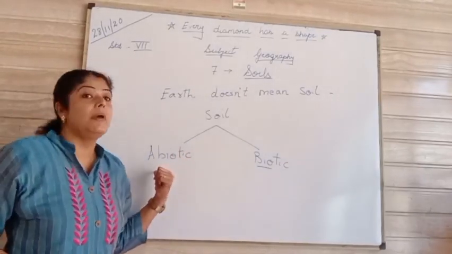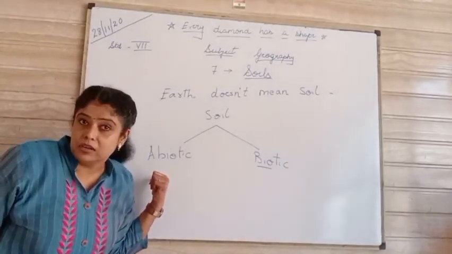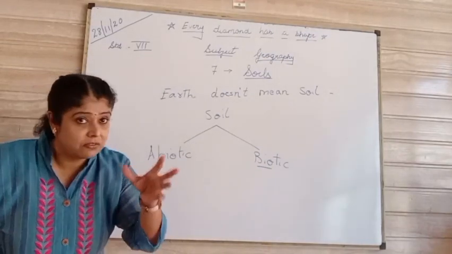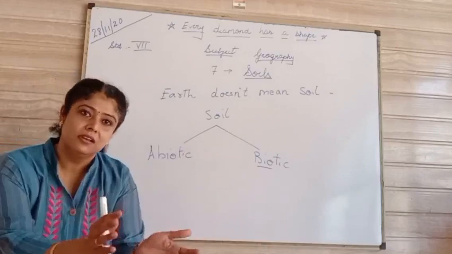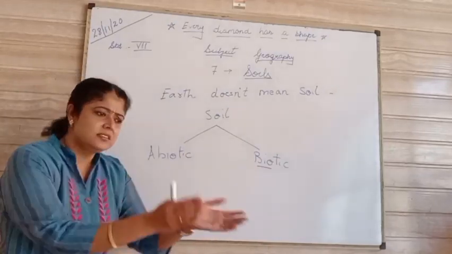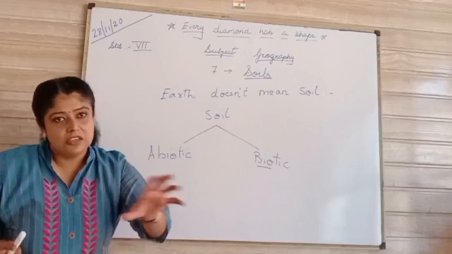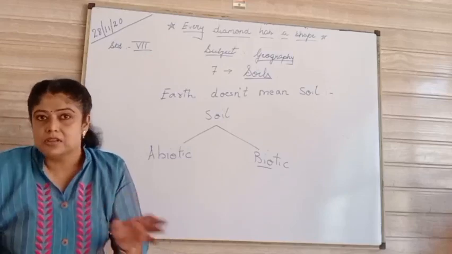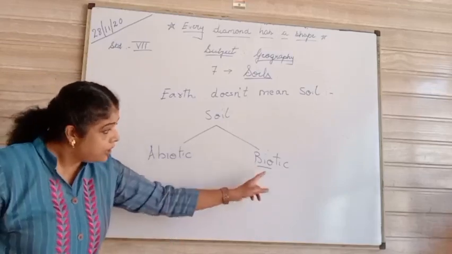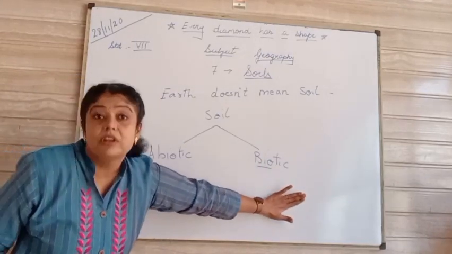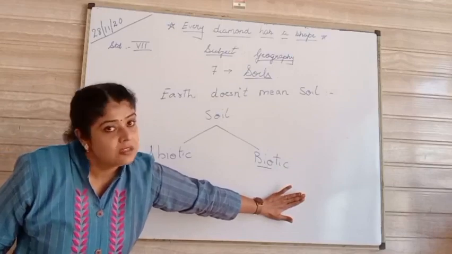What is the abiotic part? If you see the potter, he is not at all concerned with the microorganisms in the soil, but he uses it as a non-living thing, just the earth to make the pots. Whereas the farmer is concerned about the living organisms, that is the microorganisms in the soil, because they are required for the growth of his crops.